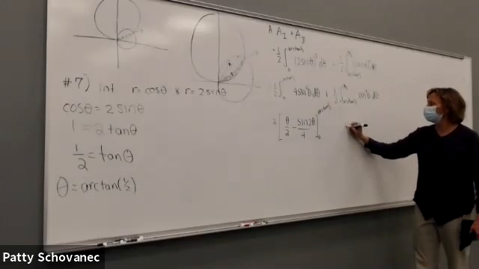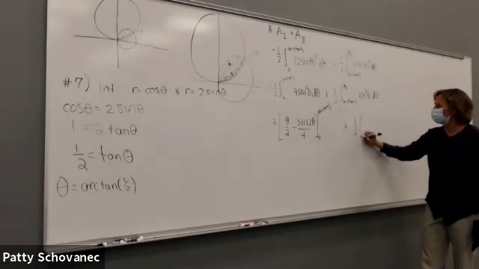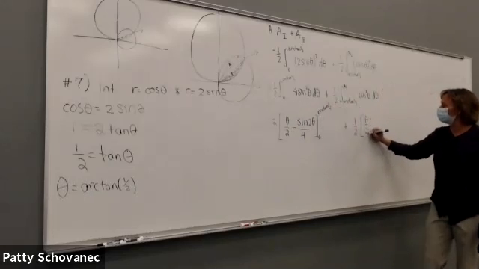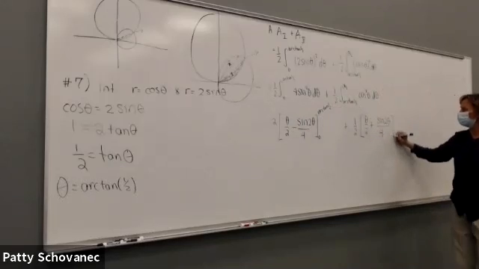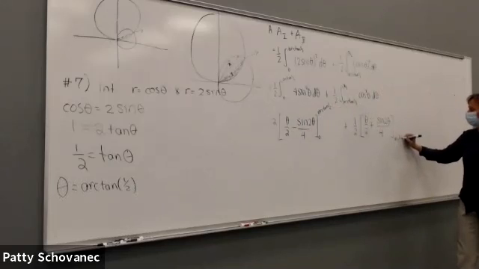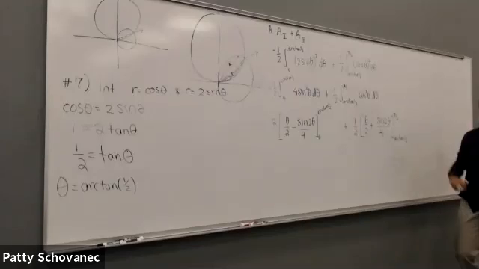This next one, I get theta over 2 plus the sine of 2 theta over 4 from the arctangent of 1/2 up to pi halves. Okay, and that first batch there, the 0 gives us nothing.